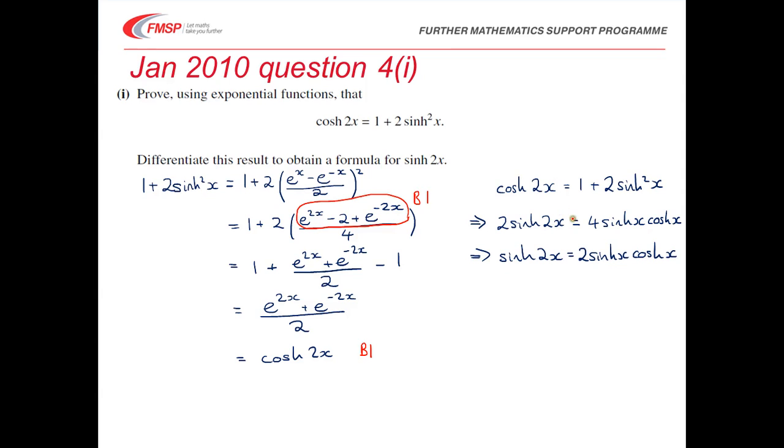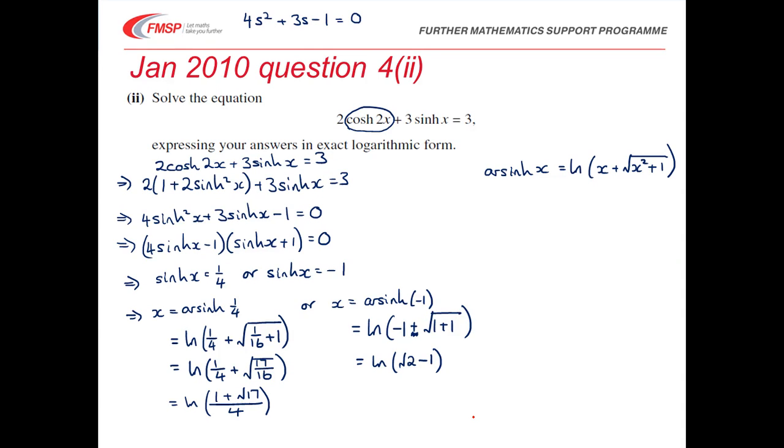For the differentiation, there is a single mark for getting both correct derivatives and a single mark for the correct completion. For part 2, there is a method mark for making use of part 1 and putting in this substitution. There's an accuracy mark for ending up with the correct quadratic. There's then a method mark for solving the quadratic and an accuracy mark for doing so correctly.